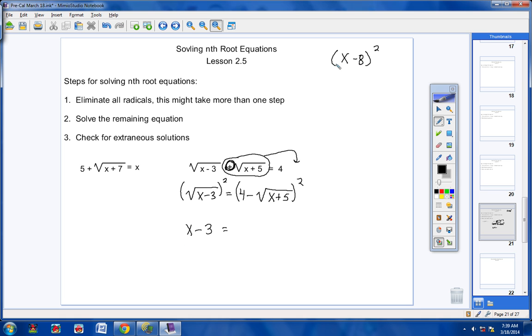This is a totally unrelated problem. There's a shortcut you can use on these. You can square the x, square the negative 8, and then what I taught you guys to do is you multiply these two together in your head, which would be a negative 8x, and then multiply it by 2, which would be negative 16x, because negative 8x times 2 would be negative 16x.